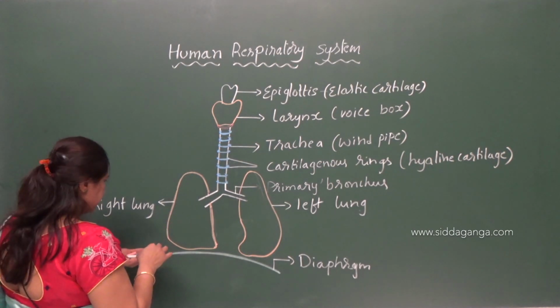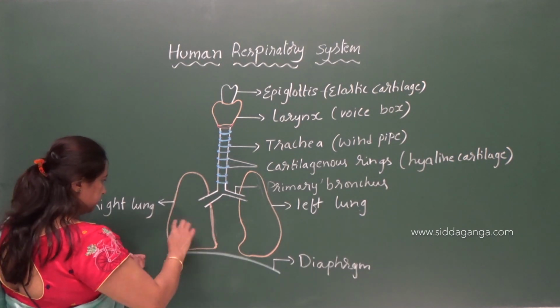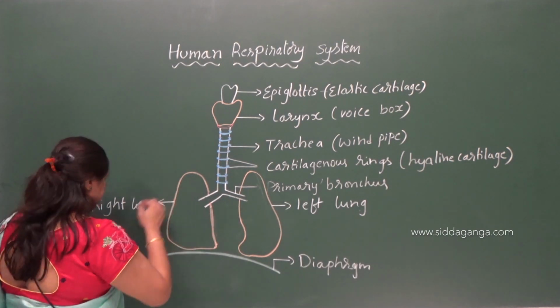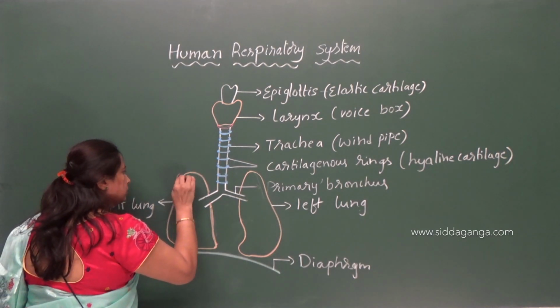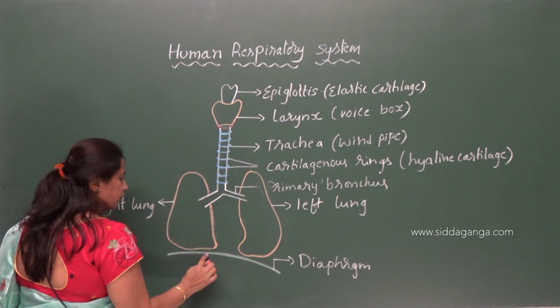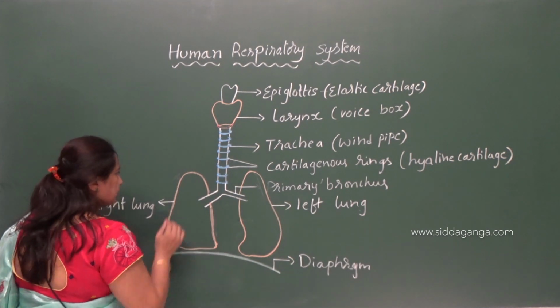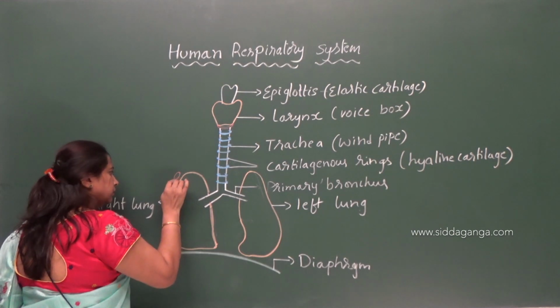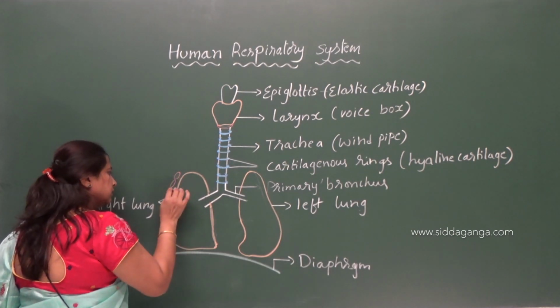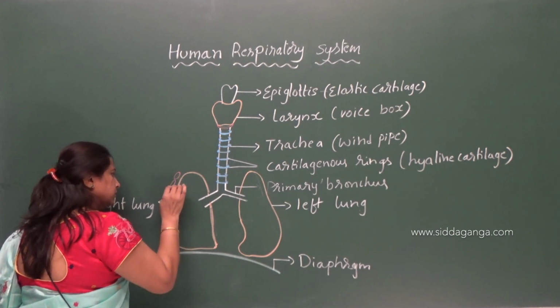So now I said that the two lungs are present in the thoracic cavity. So here on the lower side there is a diaphragm, and on the lateral side there are ribs.